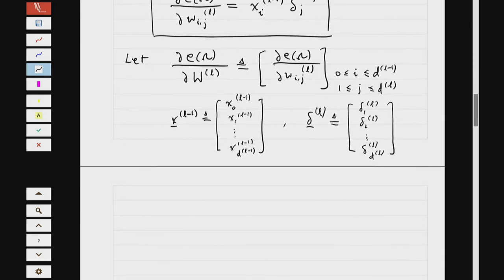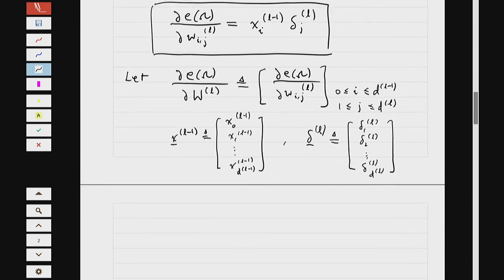Then once you write this, for any ij, we have a product like that. If we put them all together in the big matrix, you multiply a column vector by a row vector, then you get the matrix.